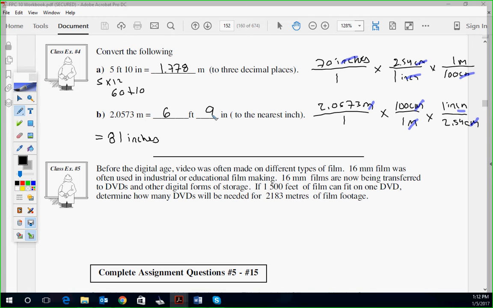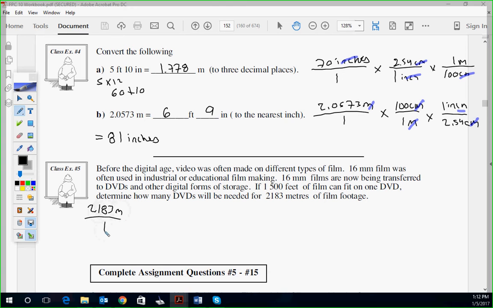So what we have to do is convert our meters into millimeters. Excuse me, we don't have to do that. Nope, meters to feet. Because we know how much footage we have. We have 2183 meters of footage.